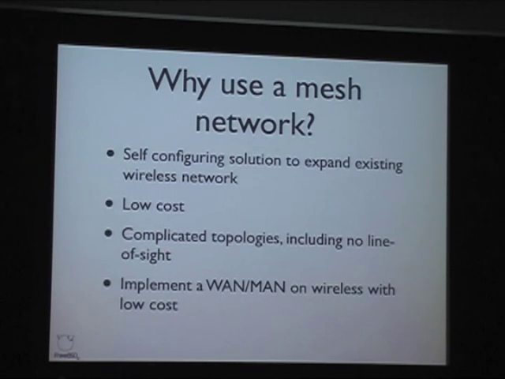It will just find the other nodes, they'll interconnect, and then you can move forward. Because of the no wires thing and the reduced maintenance, it can be much lower in cost than the solution that's in this building, for instance.